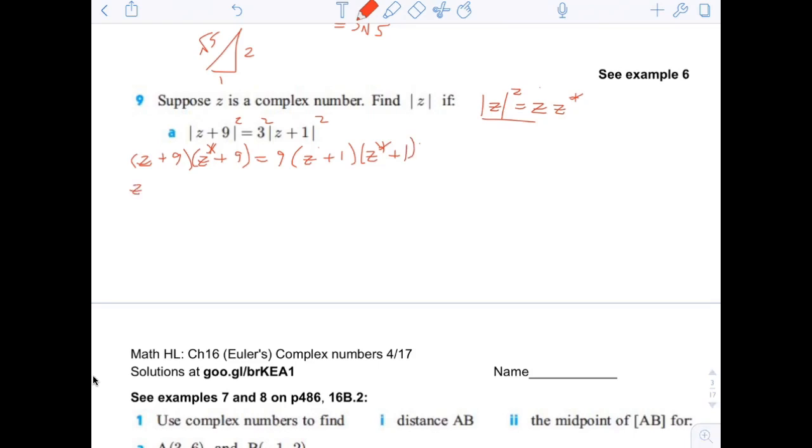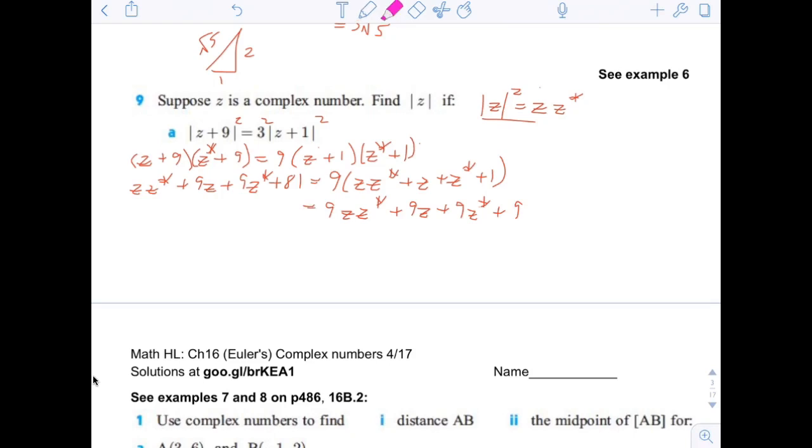Now let's multiply things out. So z z conjugate plus 9z plus 9z conjugate plus 81 equals 9 times z z conjugate plus z plus z conjugate plus 1. Let's distribute the 9. 9 z z conjugate plus 9z plus 9z conjugate plus 9.